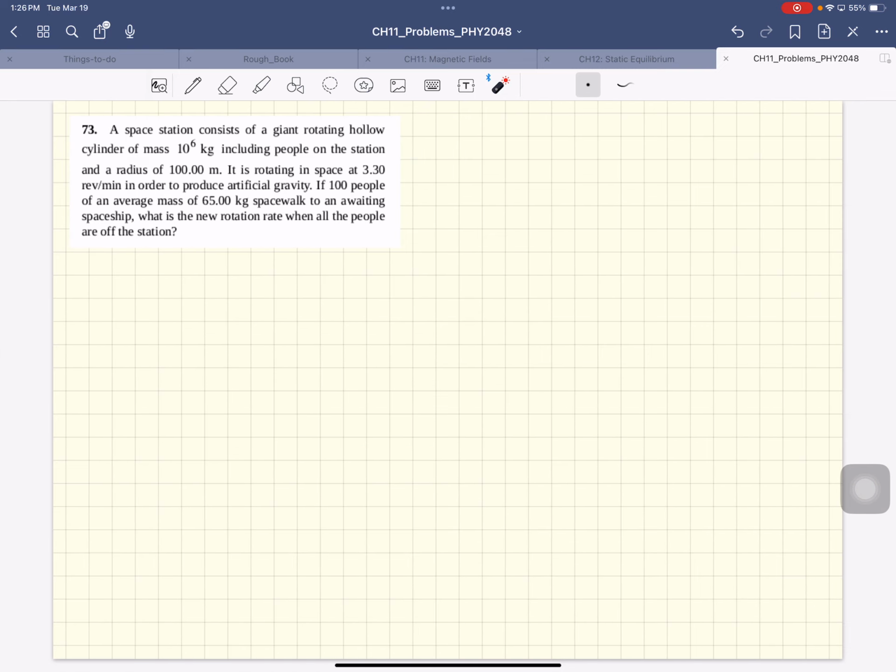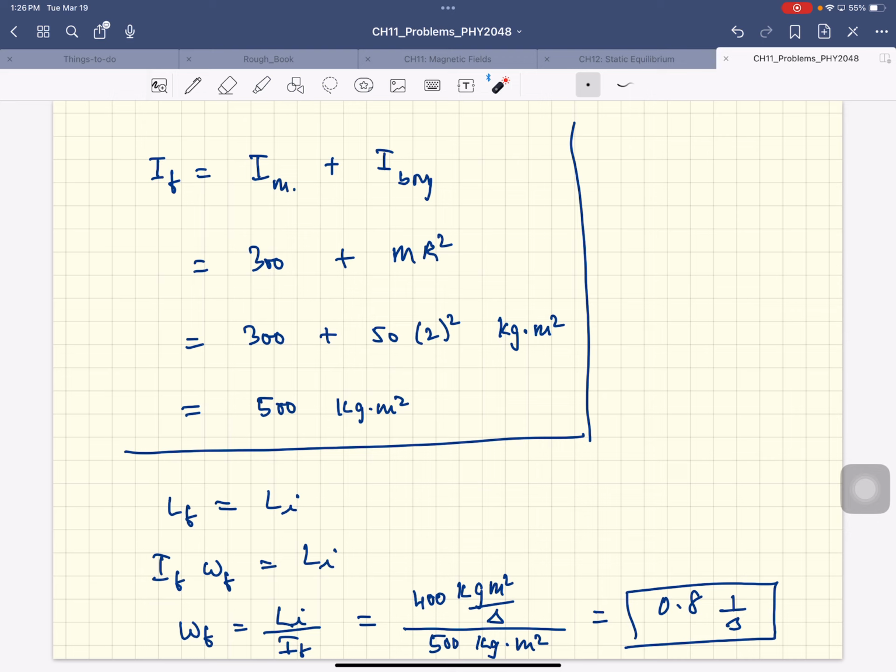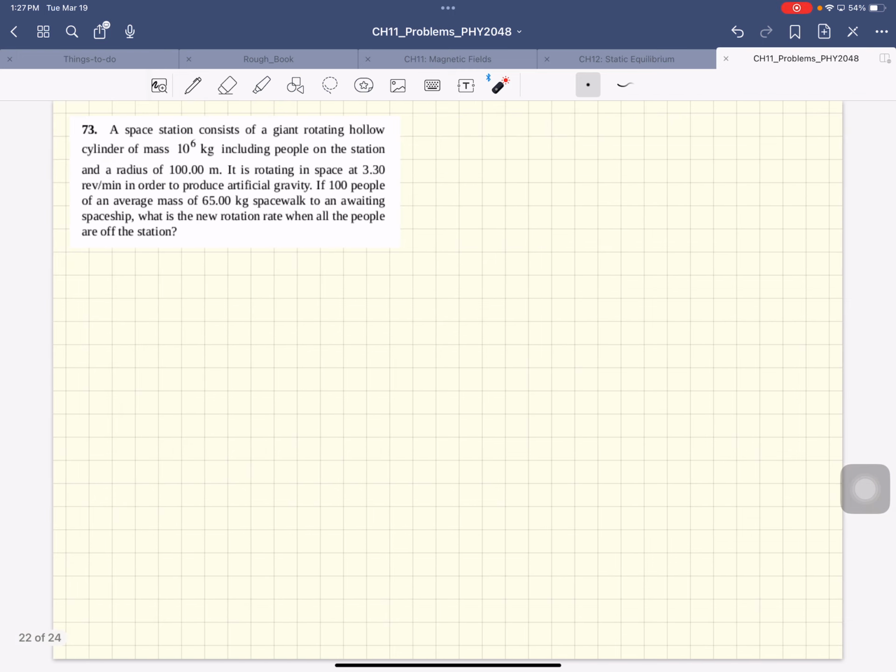Now, here's the deal. When he jumped on, the moment of inertia of him was comparable to the moment of inertia of the merry-go-round, so the angular velocity change is noticeable. It went from 0 to 0.8 radians per second. In this case, the mass of these guys, 100 people times 65, is 6,500 kgs.